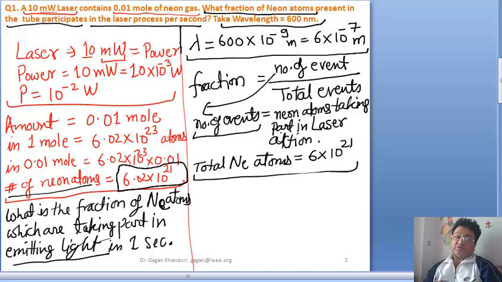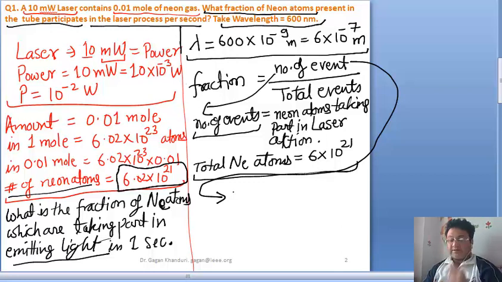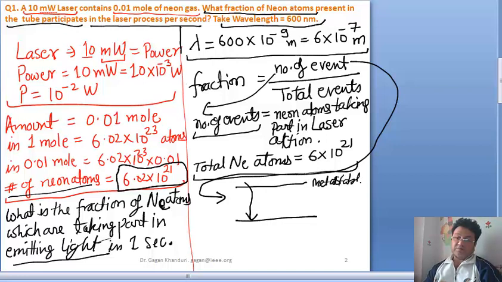Okay, so now our problem is how to get this thing, right? We have to find out how many neon atoms are taking part in laser action. There is one thing that you must know. When an electron jumps from metastable state to ground state, so this is the metastable state, right?